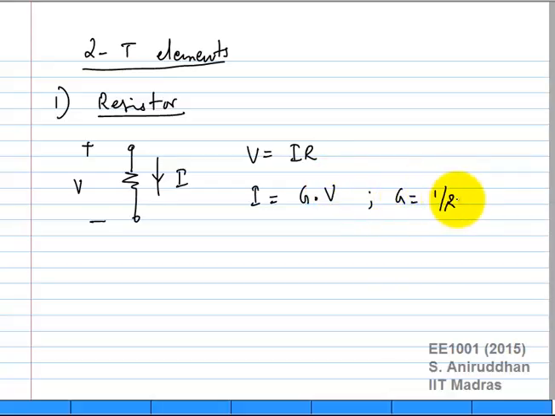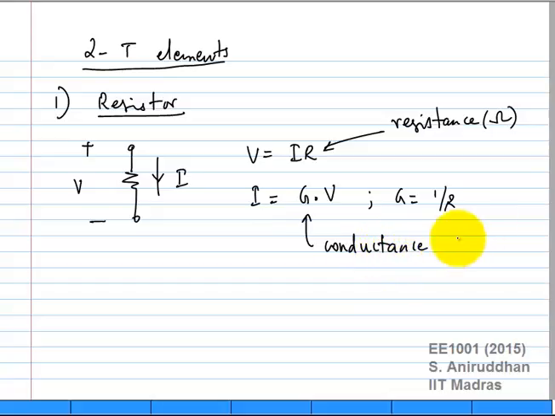This R is the resistance, the symbol of which is ohm. This is the conductance, which is 1 by R. The unit of this is Siemens.